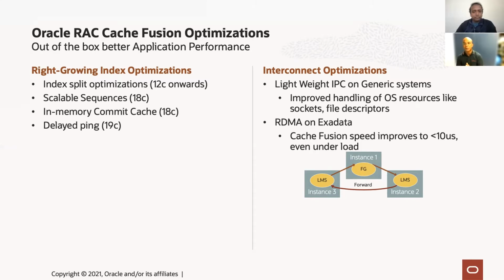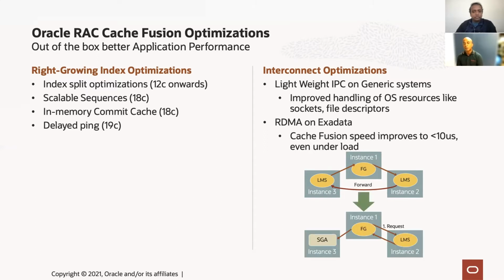So cache fusion speed improves to almost less than 10 microseconds even under load. This is only possible because instead of having a processing-based LMS, which is sending and requesting data, we can actually let the foreground directly read it from the remote memory.